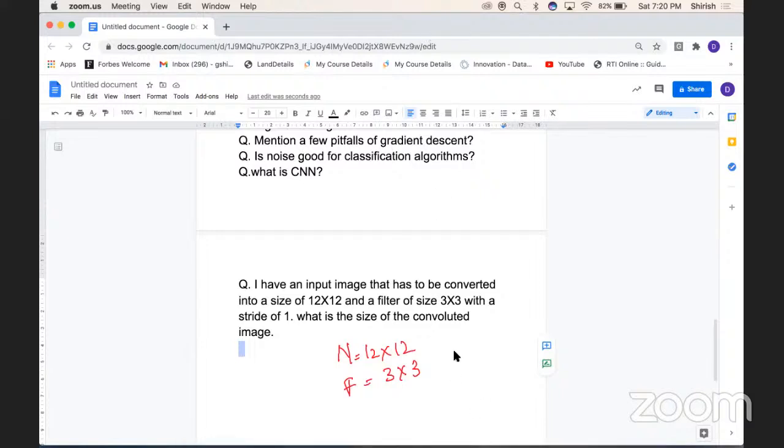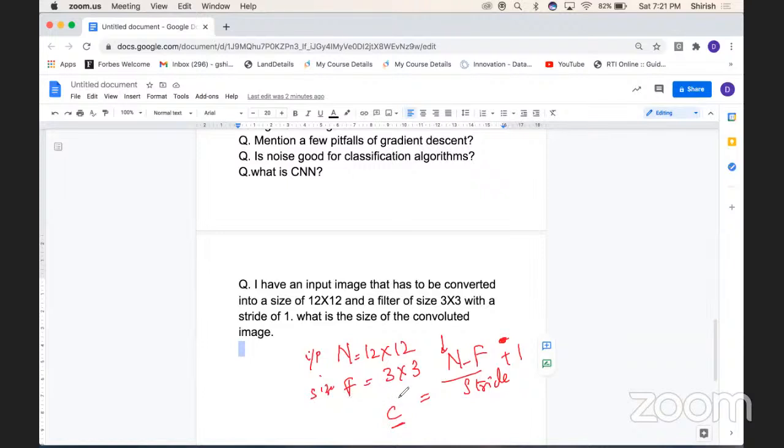So how do I calculate? We all know that (n minus f) by stride plus 1, right? (N minus f) by stride plus 1. Whatever I'm getting here, I can call it C. This is my convoluted image, where n is the size of the input matrix and f is the size of the filter.